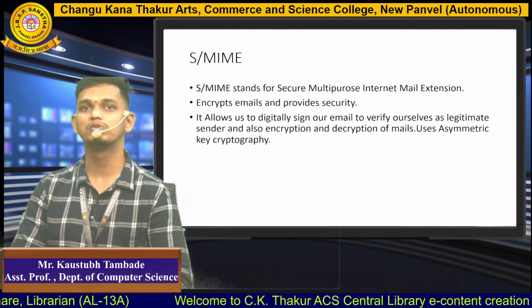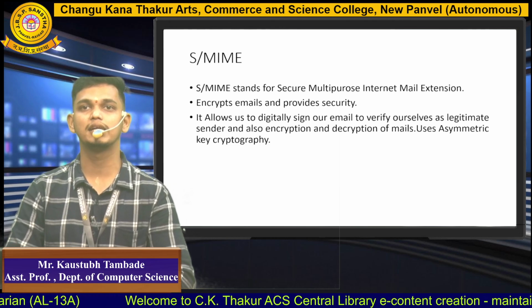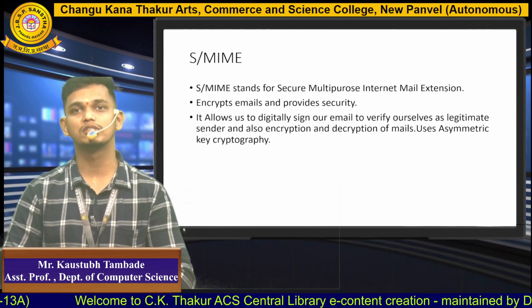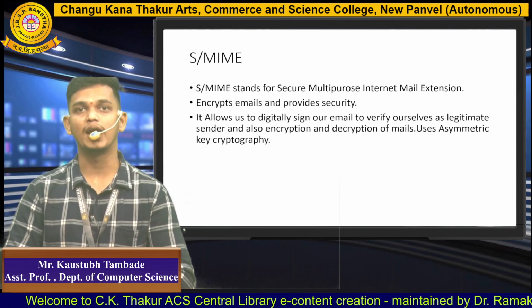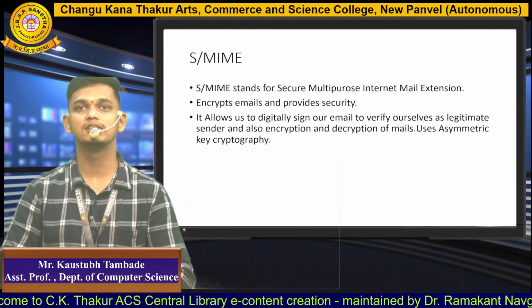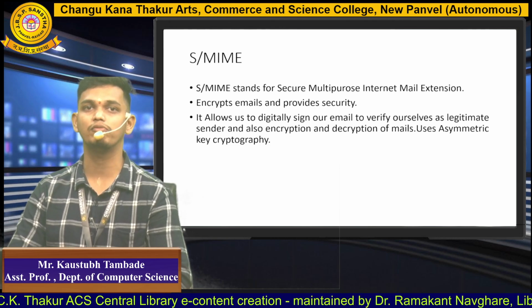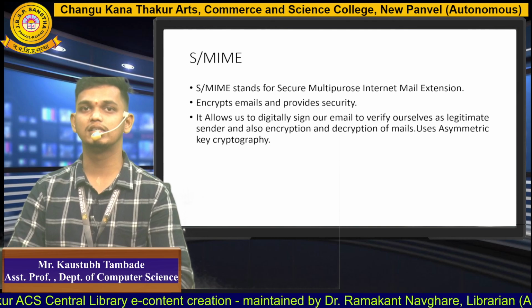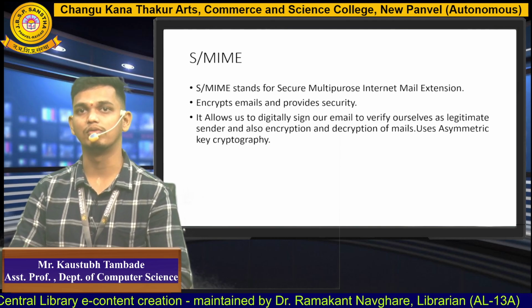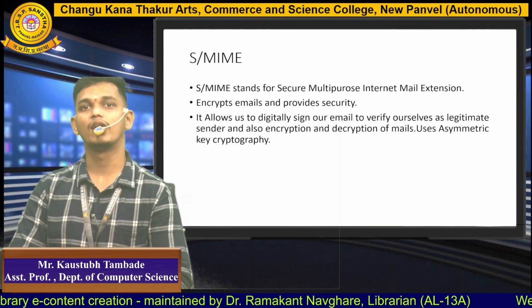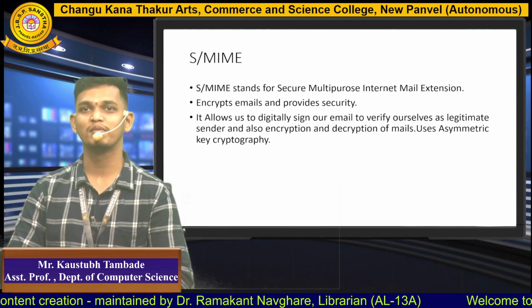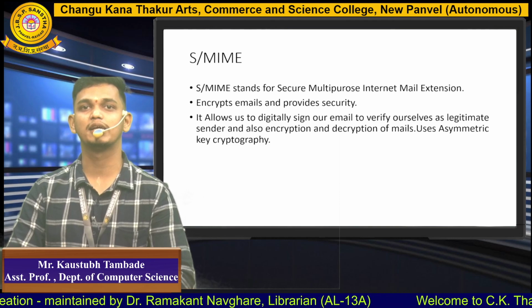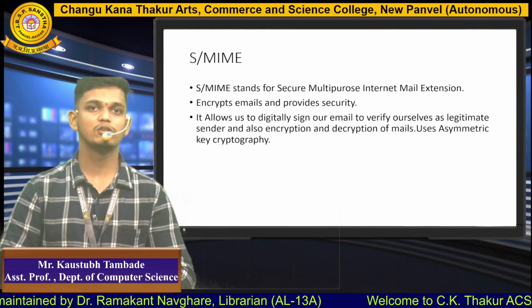So what does SMIME mean? Secure Multipurpose Internet Mail Extension. It is a secure version of MIME. It encrypts the email and provides security. Encryption converts the data into an unreadable format. It allows us to digitally sign an email to verify ourselves as a legitimate sender, and encryption and decryption of mails use asymmetric key cryptography, meaning a private key and a public key.